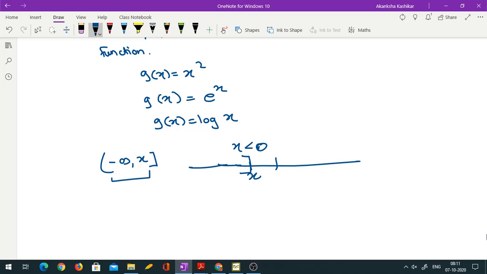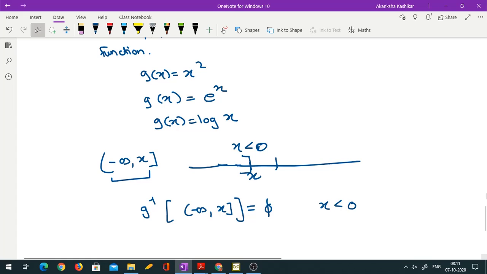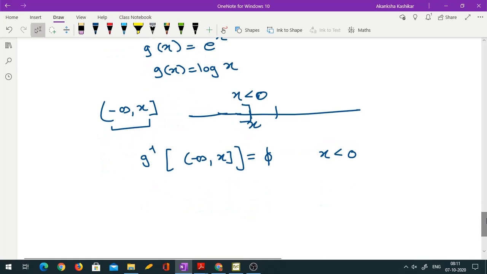So of course the inverse image is going to be an empty set. So G inverse of minus infinity to x would be an empty set if x is negative. So no worries there, because phi is obviously a Borel set. So phi belongs to script B.